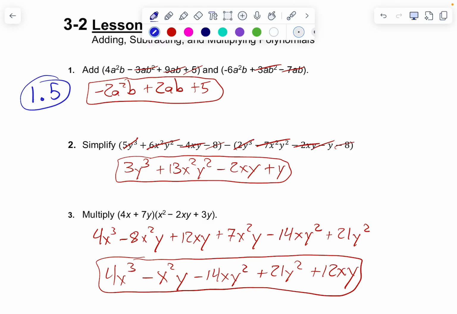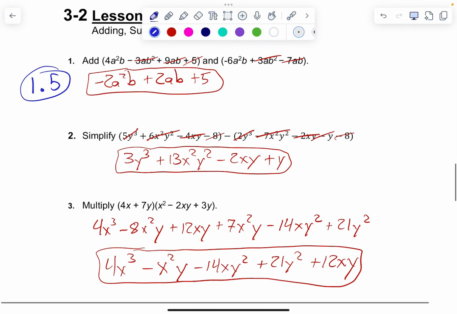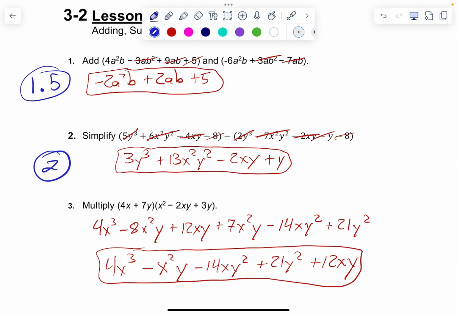So if the term's wrong, or if they have an extra term, just mark it off, take off half point, or if they missed a sign. Sign would be counted as part of the term. So if a sign is wrong, that term is wrong. Okay. This one will be worth 2. Half point per term.